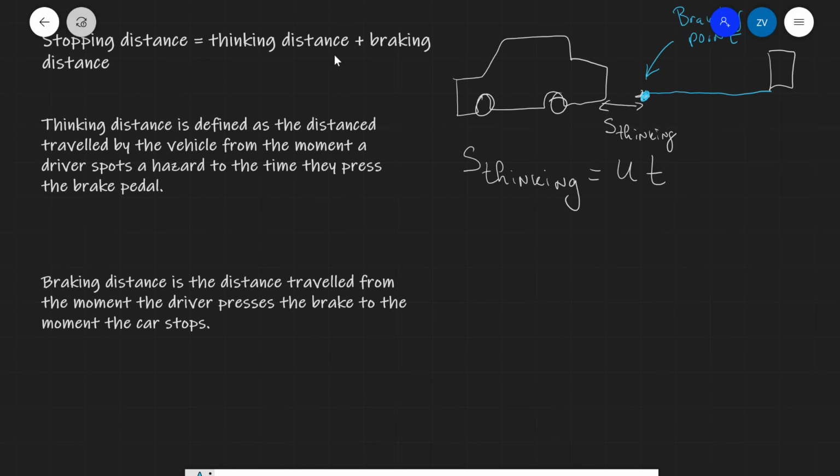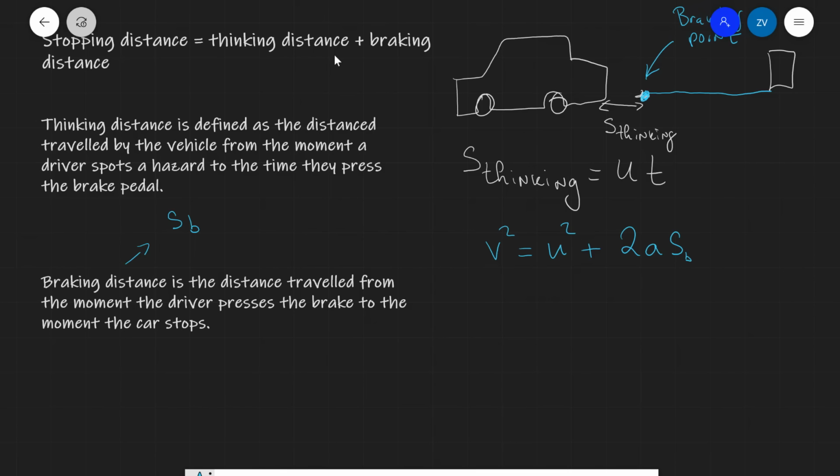So to calculate the braking distance, I'm just going to call that S subscript B for the purposes of this video. I'm going to use the equation v squared is equal to u squared plus 2as. Rather than s, I'm going to write S subscript B to show that this is the braking distance.